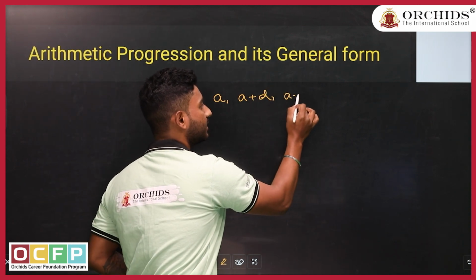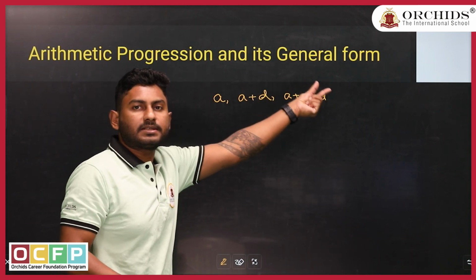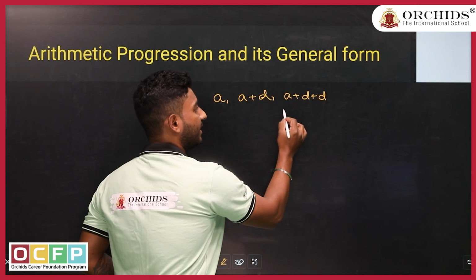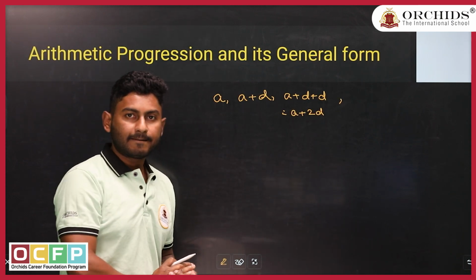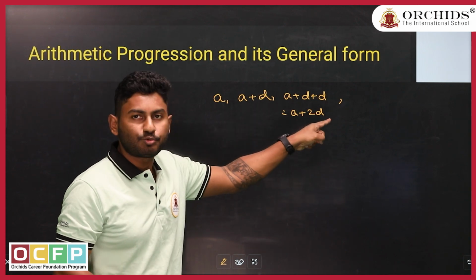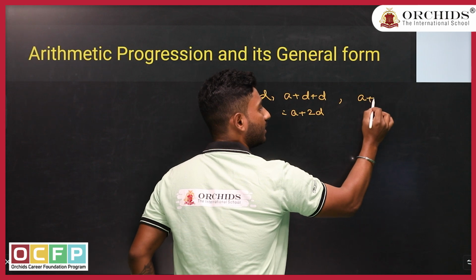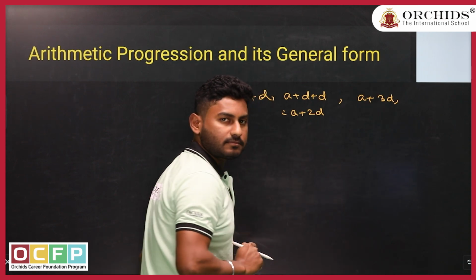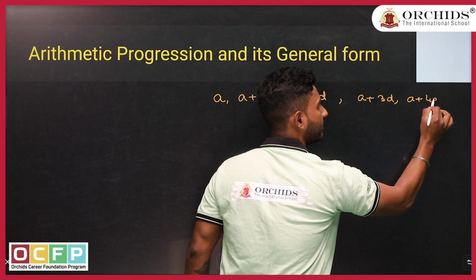A plus D plus D, that is the second number plus the common difference, which is A plus 2D, correct? Then the fourth number will be A plus 3D. Consecutively, A plus 4D.